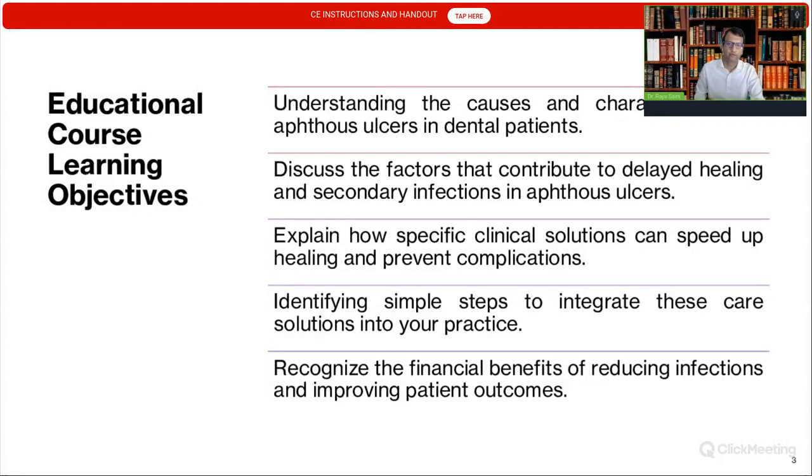We will identify simple steps to integrate these cares into our daily clinical practice. And we will also recognize, by adapting all these facilities and new treatment modalities, how we can get the financial benefits by reducing infections and improving the clinical outcome of the patient.